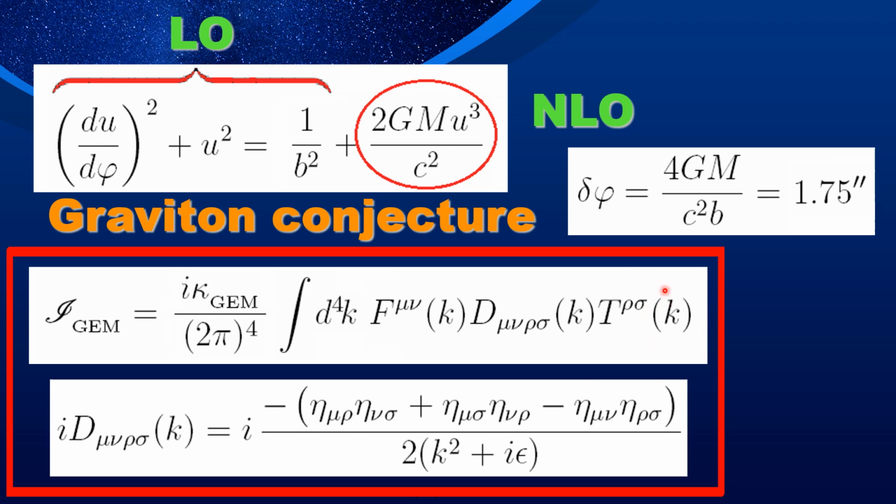That is what comes from gravity. Then this is the next to leading order correction that we have to expect from the quantum correction, from the quantum approach to gravity.